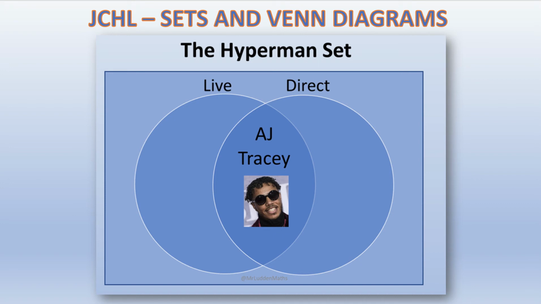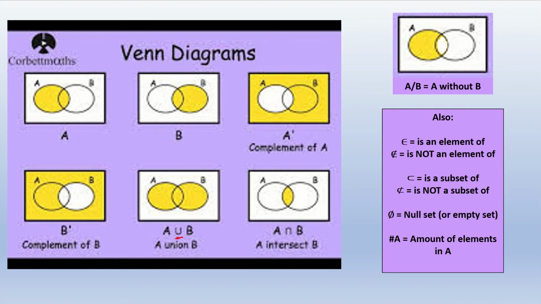Alright, let's get started. For your Venn diagrams, you do need to be familiar with quite a few symbols and how they show up in a diagram as well. So just very quickly, the set A is everything in the circle A, so everything in yellow there, everything within the circle.